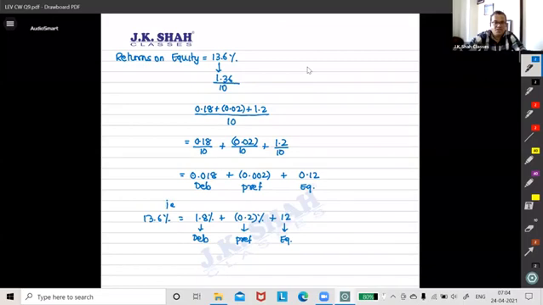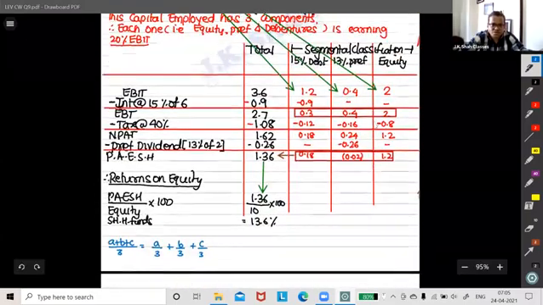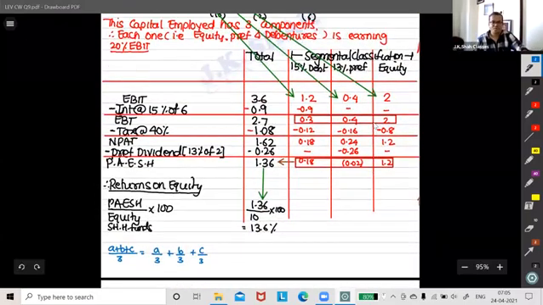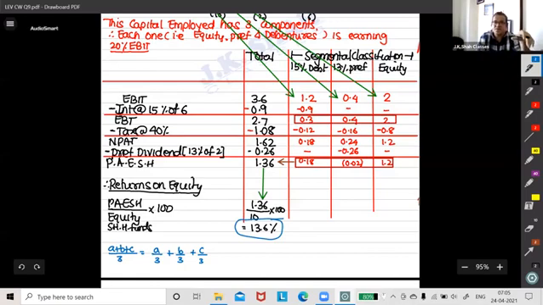Okay. See now, whatever we have written in this blue room, suppose we don't show this to the management and we just show this part, that returns on equity is 13.6, and suppose other market companies are doing like 12%, 11%.